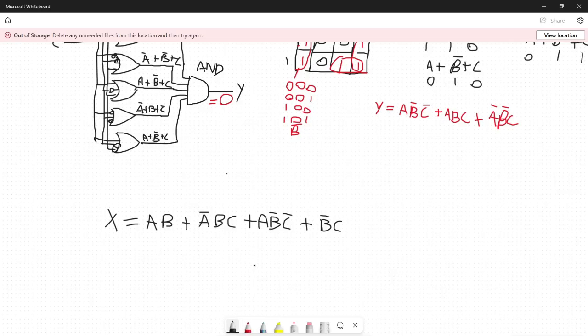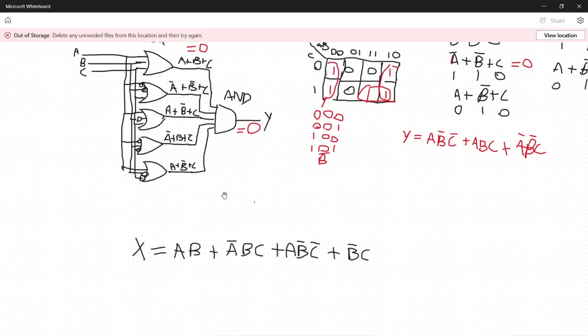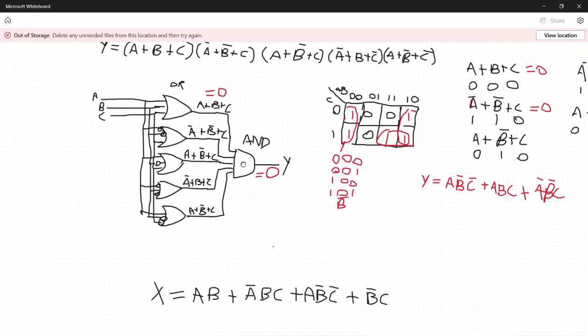Now, as you're aware, I could draw it, but you could also draw it yourself. It's basically going to be something very similar to this, except the AND gates are going to be here, and they're going to be going into an OR gate. The one thing I want you to bring your attention to is we're going to have an OR gate at the end instead of an AND gate.